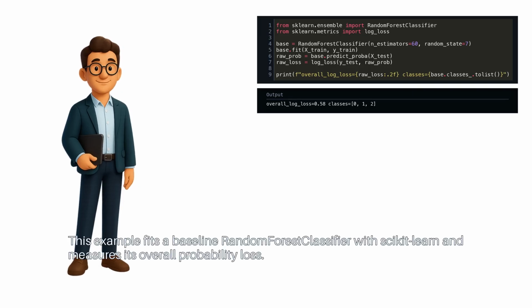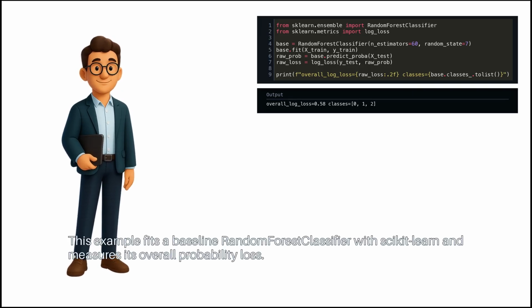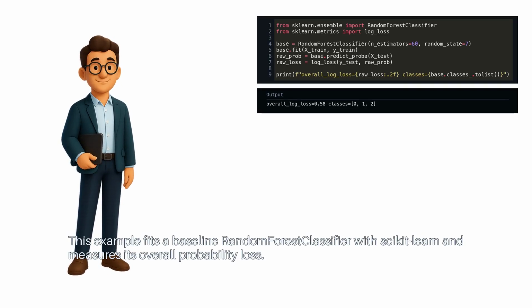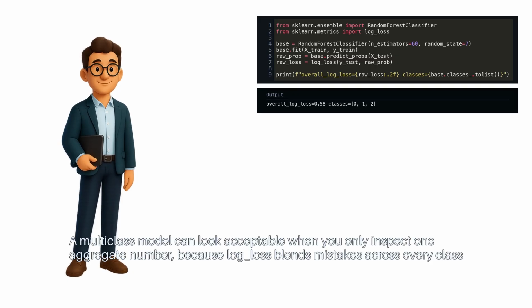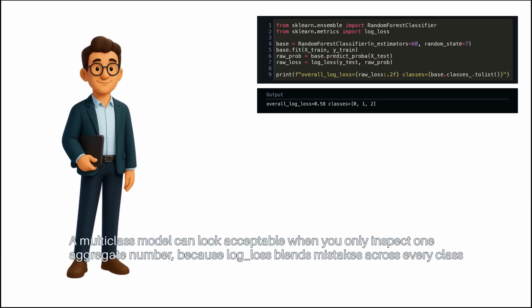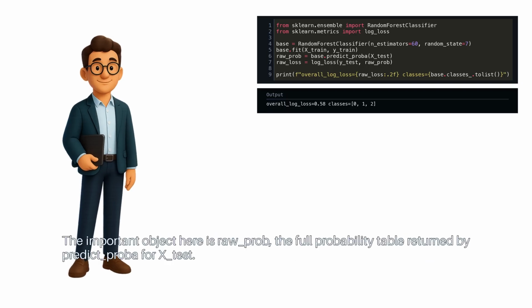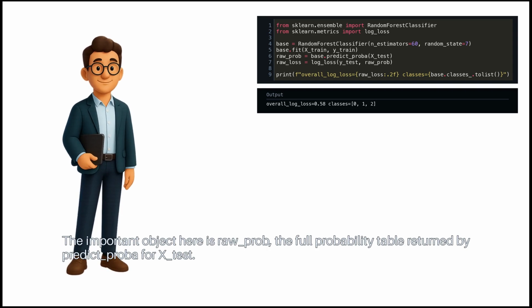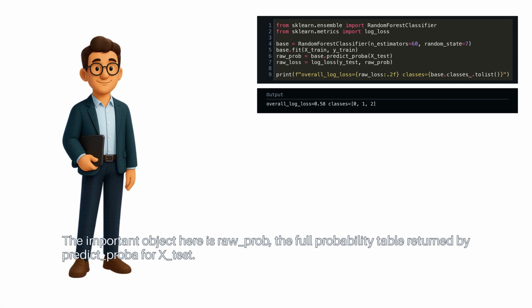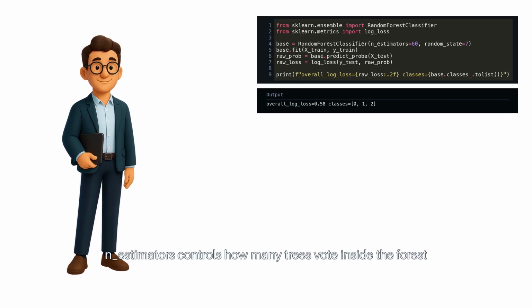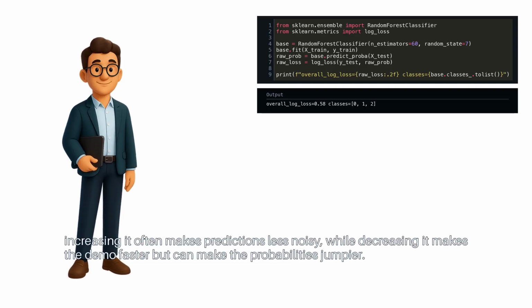This example fits a baseline RandomForest classifier with scikit-learn and measures its overall probability loss. A multi-class model can look acceptable when you only inspect one aggregate number, because log loss blends mistakes across every class and every row. The important object here is raw_prob, the full probability table returned by predict_proba for X_test. n_estimators controls how many trees vote inside the forest.